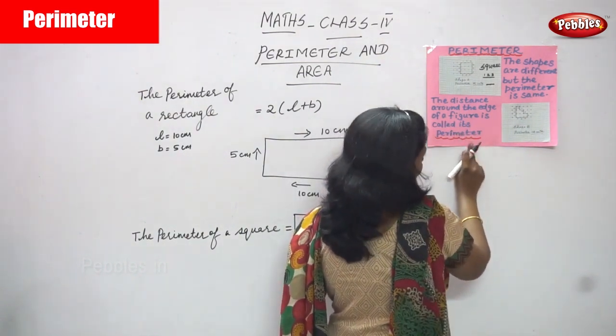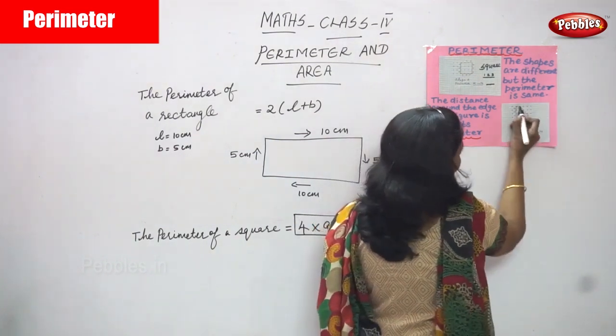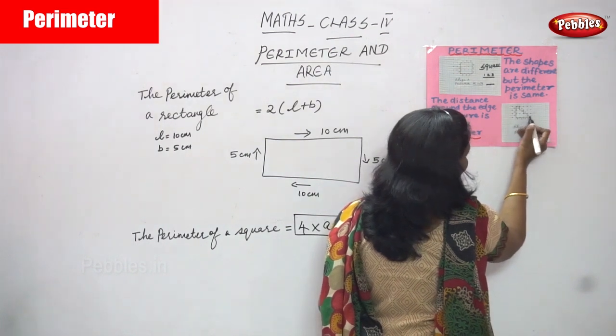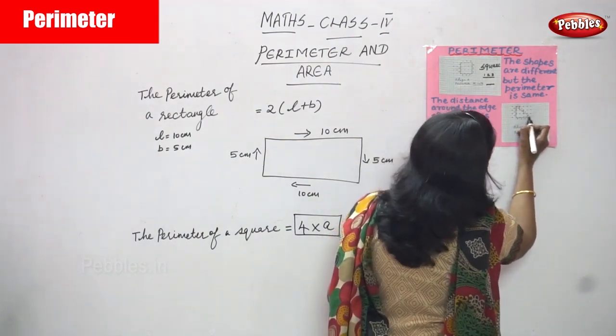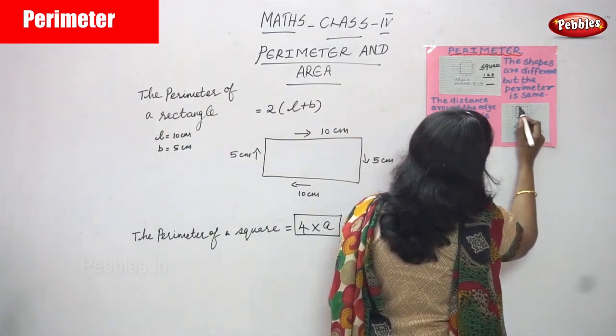Surrounding means nothing but the outer surface of the figure. So each and every edge you have to join together: 1 and 2, then 3, 4, 5, 6, 7. Then again here 8, 9, 10, 11 and this particular place is 12.